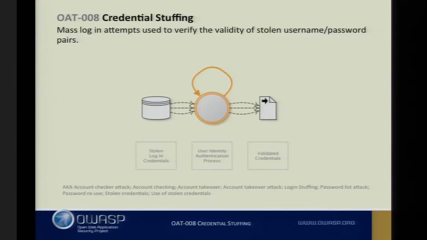The idea is throwing all those credentials against your application to see whether any of those pairs have been reused, in other words, to identify valid account pairs. Lots of various names: account checker, account checking, account takeover, login stuffing, password list attack, and so on. It's important to remember that both of these two are not brute force or dictionary attacks. They're actually using lists of data to check whether they are valid.